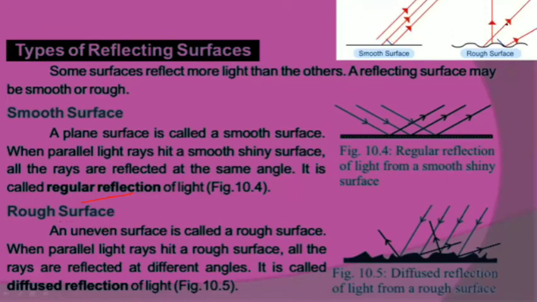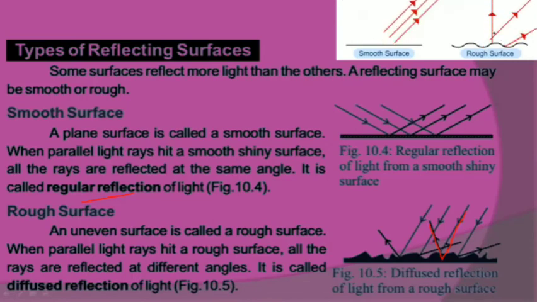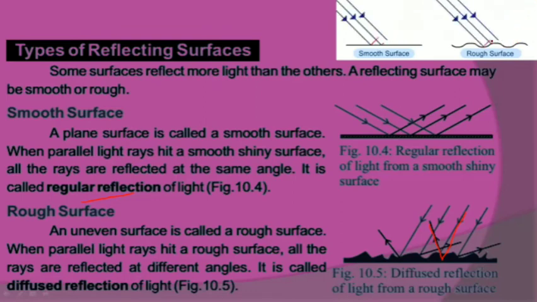When light strikes rough surfaces, you can see it strikes here and bounces in this direction, strikes here and bounces in another direction, like this. The angles are changed. Reflection is occurring, but the light is spreading in different directions.